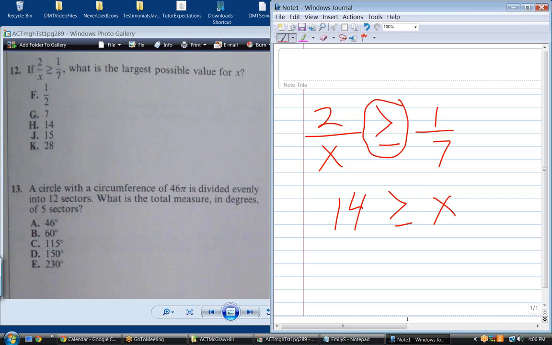So whenever you're dealing with inequalities and variables, be very careful about multiplying or dividing both sides by the variable, because you don't know whether the variable is positive or negative. So it's not easy to solve this in the traditional way.